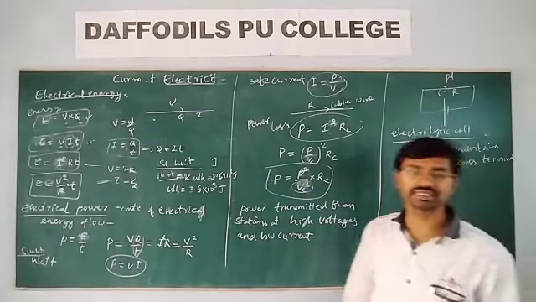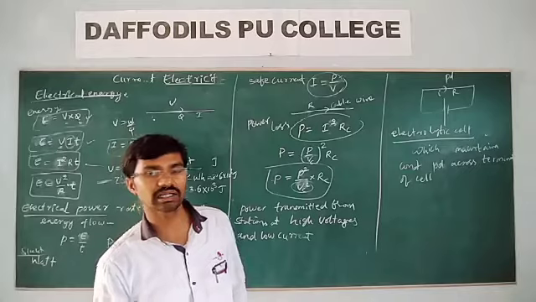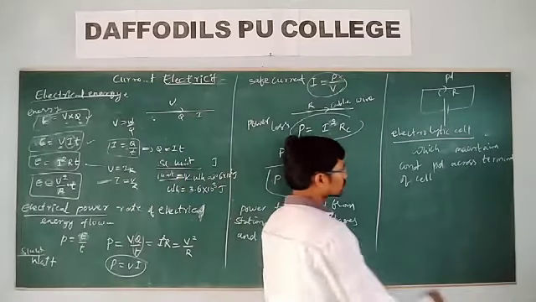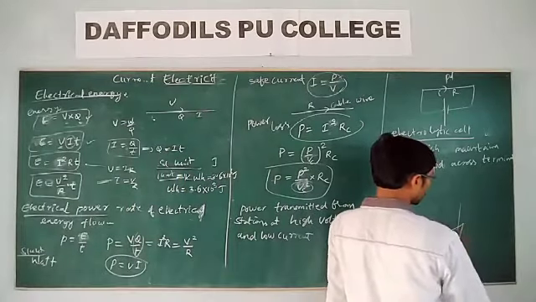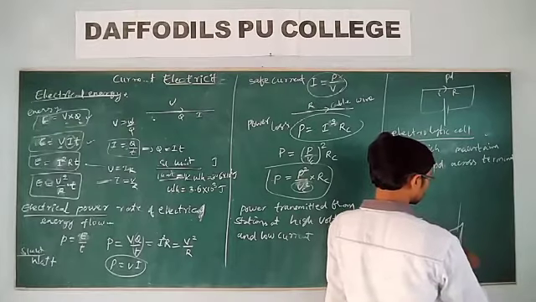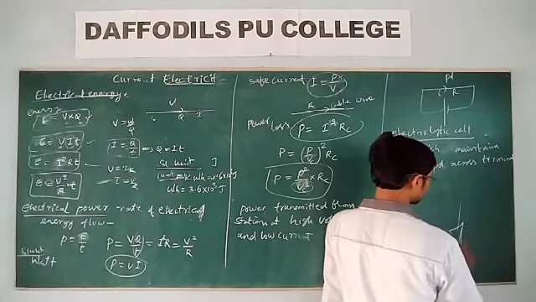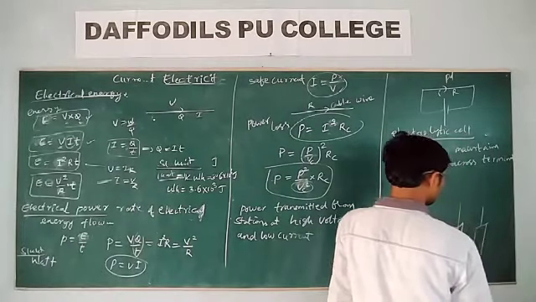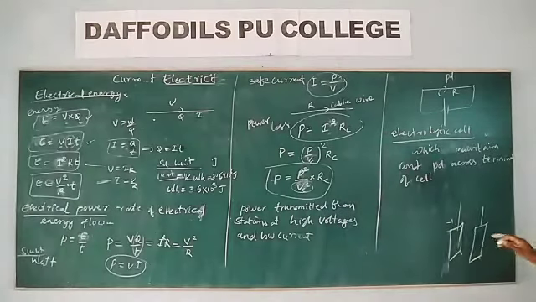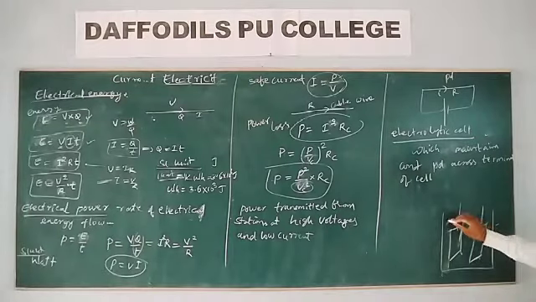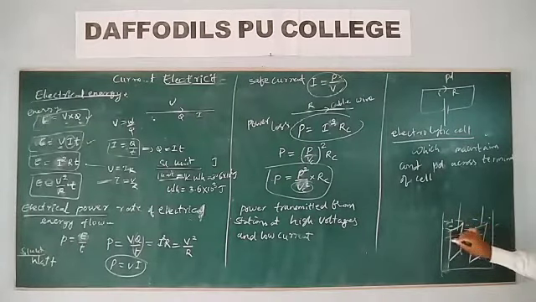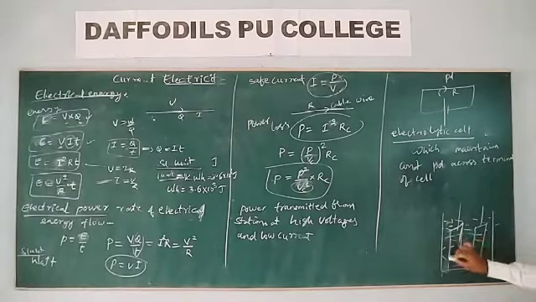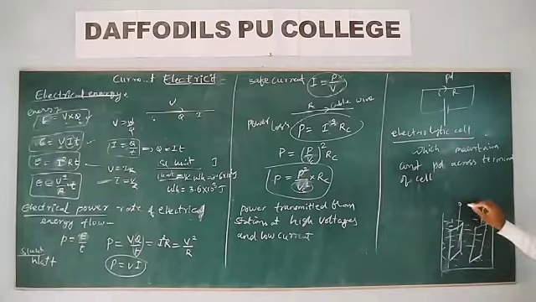For this electrolytic cell, we need to discuss some related terms. An electrolytic cell has two electrodes, one cathode and one anode. There we have an electrolytic solution, the chemical taken inside, called the electrolyte.